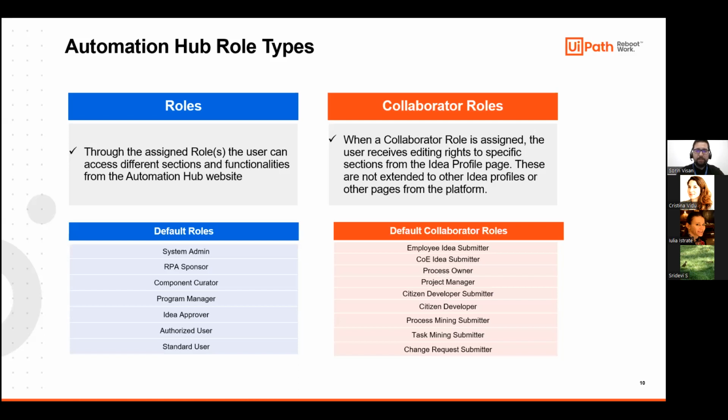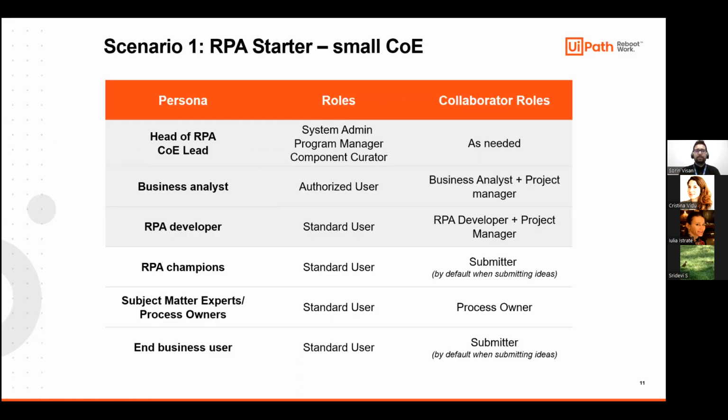So it gives the users that are assigned specific editing rights to that profile page. Some examples here are the project manager, COE idea submitter, citizen developer, process mining, and so on.